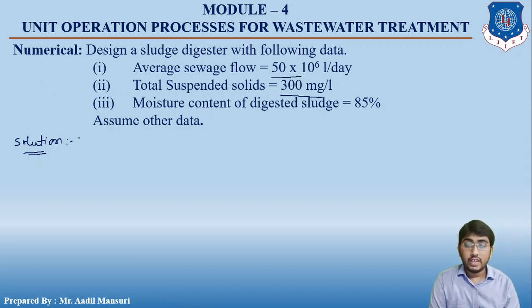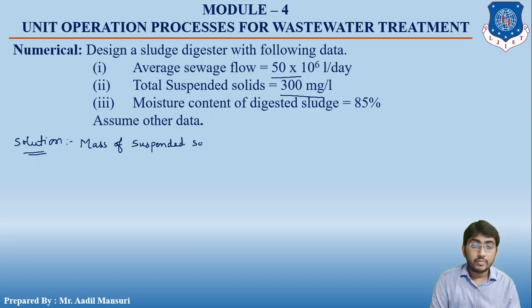So first thing that we need to find out is the mass of suspended solid in wastewater generated, right? So this will be equal to 300 milligram per liter multiplied by 50 into 10 to the power 6 liters per day, right?